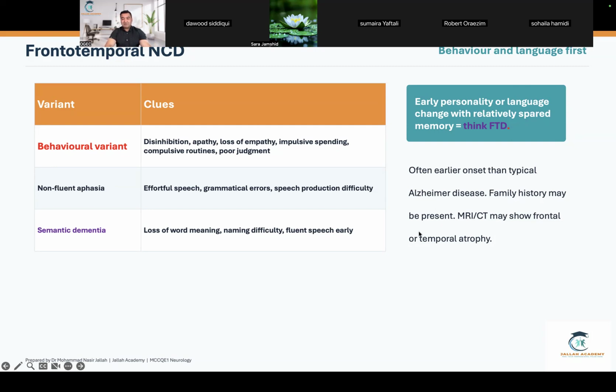Family history may be present. MRI or CT scan may show frontotemporal atrophy. So if they give you a scenario like this, they will ask what the next step is, which is CT and MRI of the frontotemporal lobe, because these will be atrophic, small, shrunken.